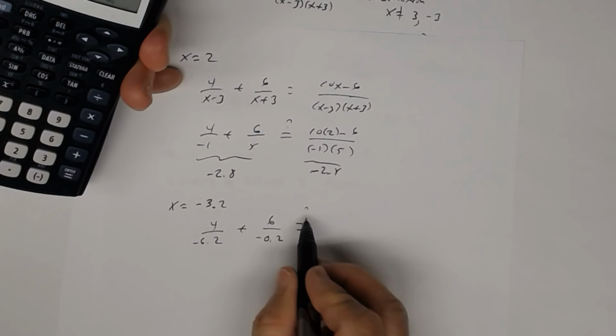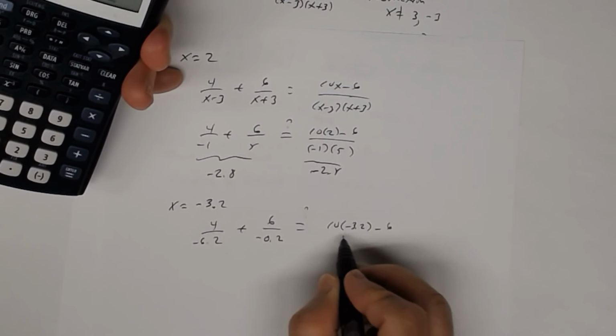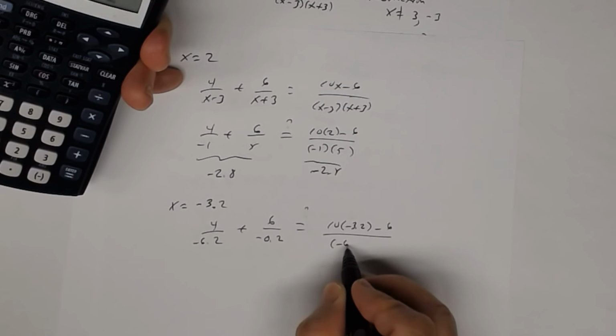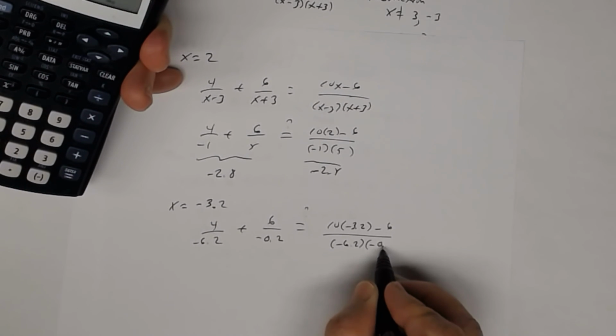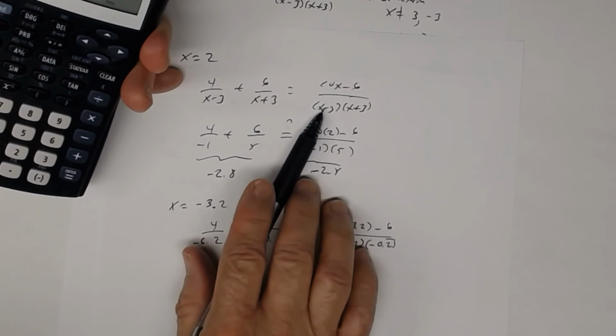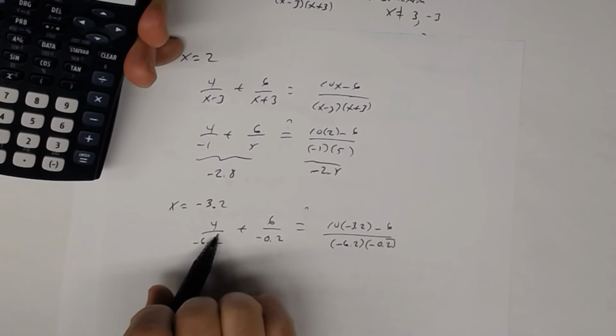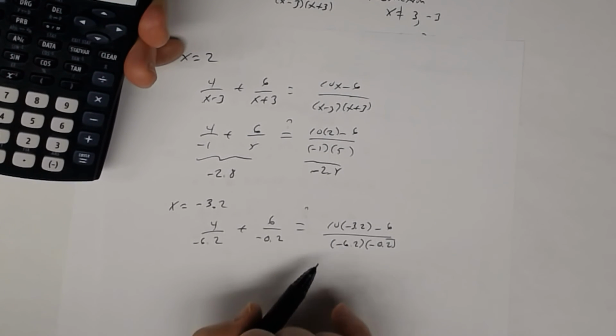And that's going to equal, over here, 10 times negative 3.2 minus 6 divided by negative 6.2 times negative 0.2. Negative 3.2 and a negative 3 is a negative 6.2. So these factors should be the same as these. Okay, so let's check this.